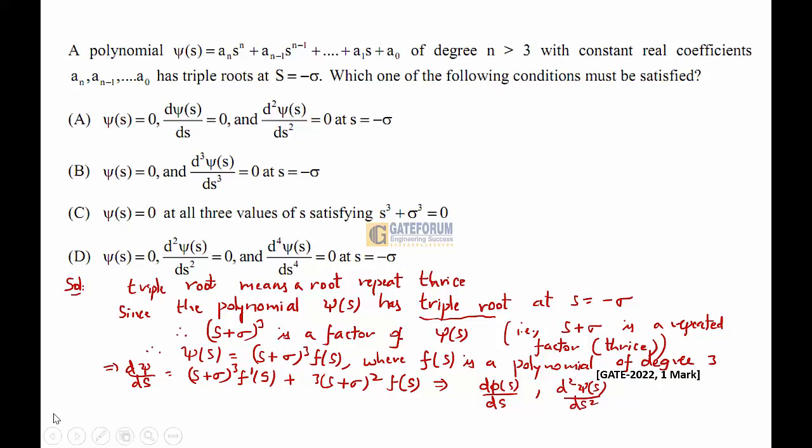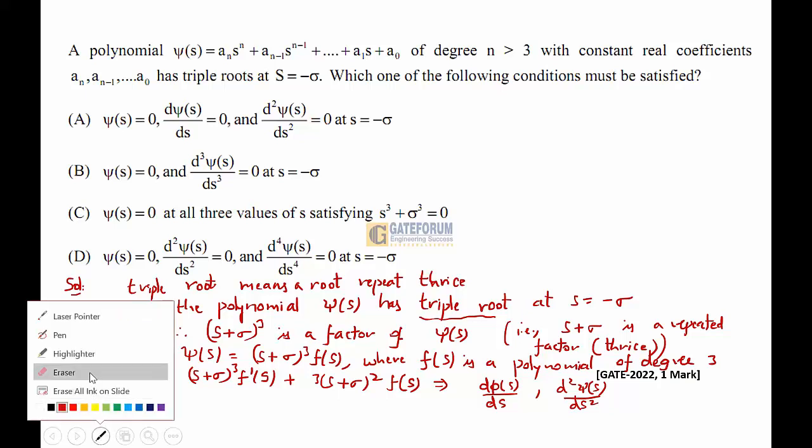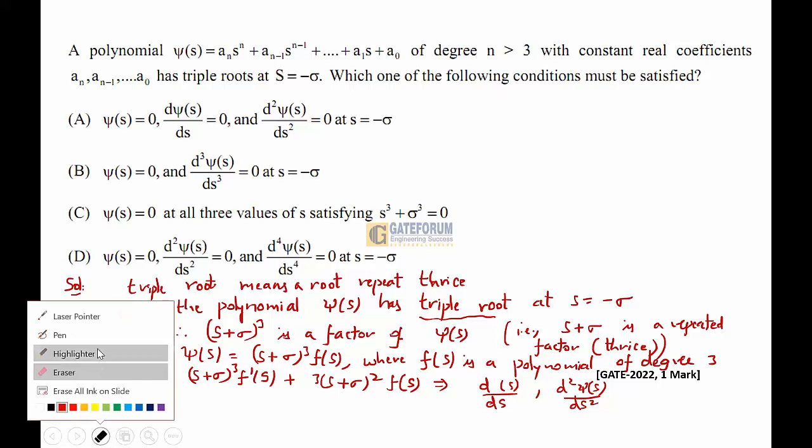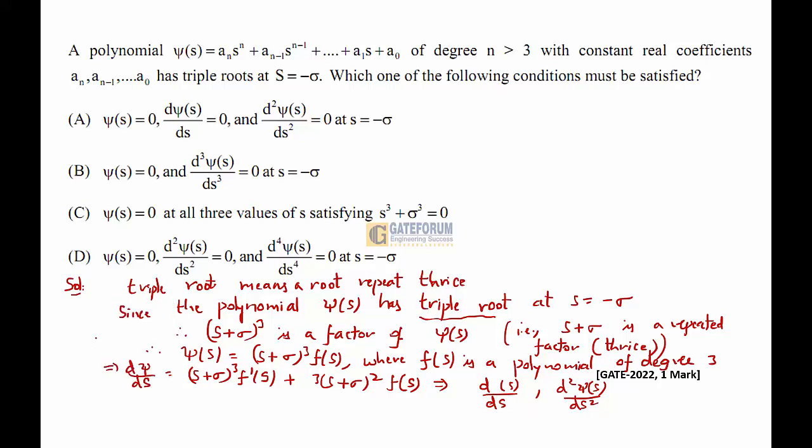In a similar way, if you find, see, it is a third degree polynomial psi. After finding one derivative, the degree is reduced by 1. That means (s plus alpha) whole square is a factor of this first derivative.